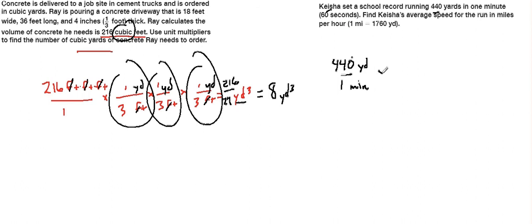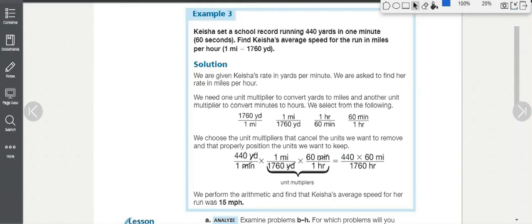So we have to change, there's 60 minutes to 1 hour, and there's, how many yards in a mile? I'm going to have to just make sure I get this right. 1760.